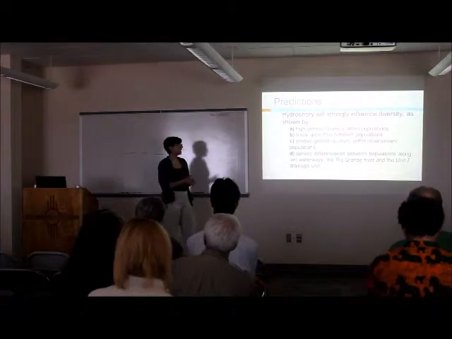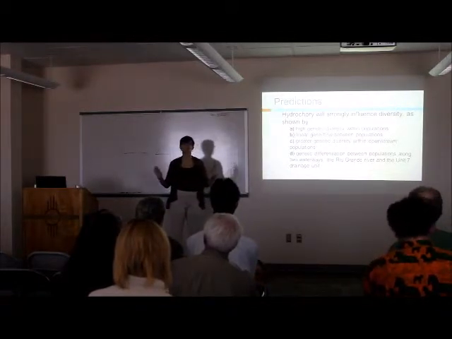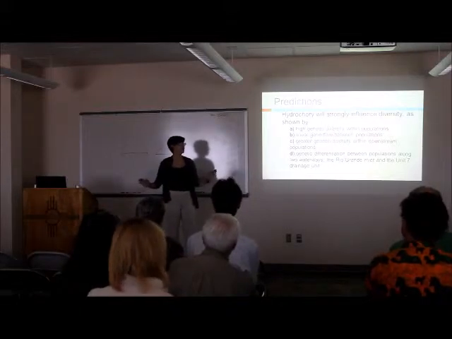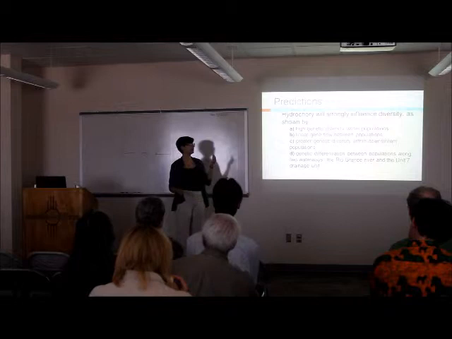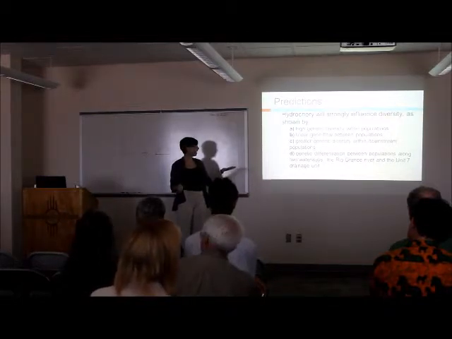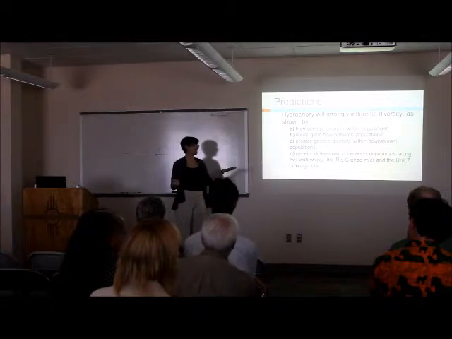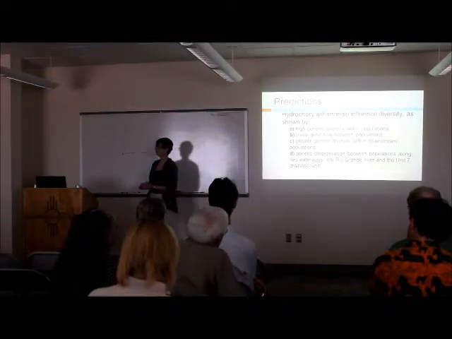I also predicted that I would see genetic differentiation between populations along two separate waterways, because I was looking at populations both along the Rio Grande River and along an artificial drainage unit created by people, located about half a mile west of the Rio Grande.